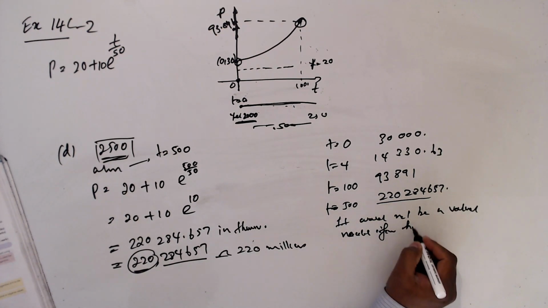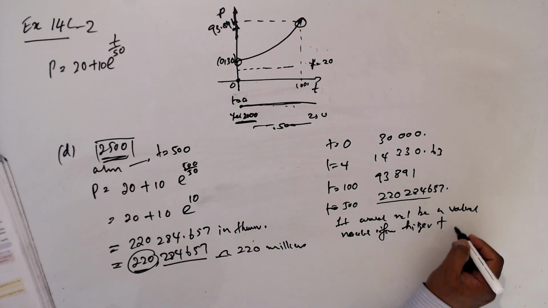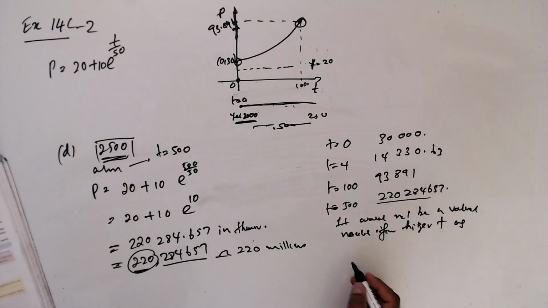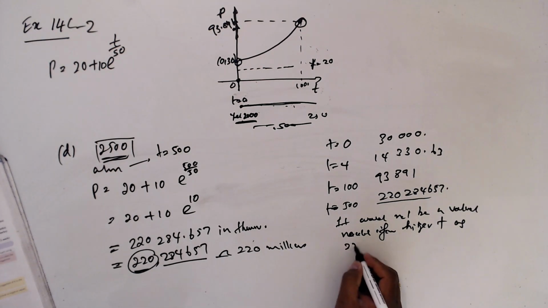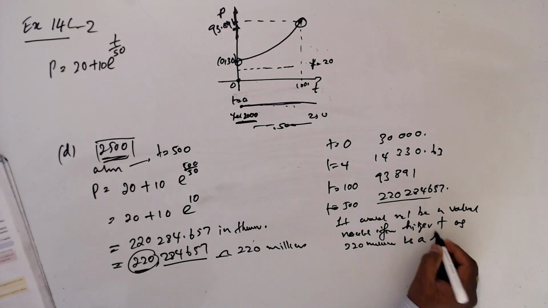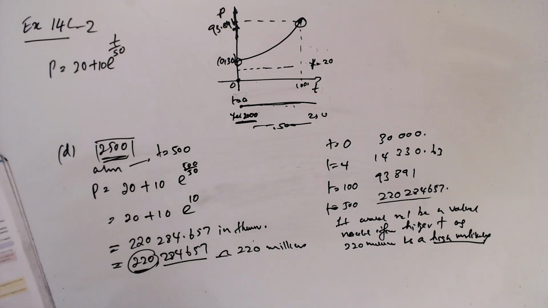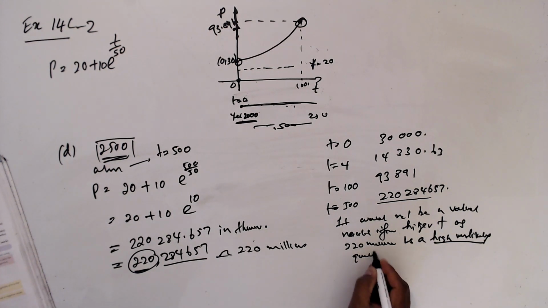for higher t's, as 220 million is highly unlikely. That is a probability-type quantity.